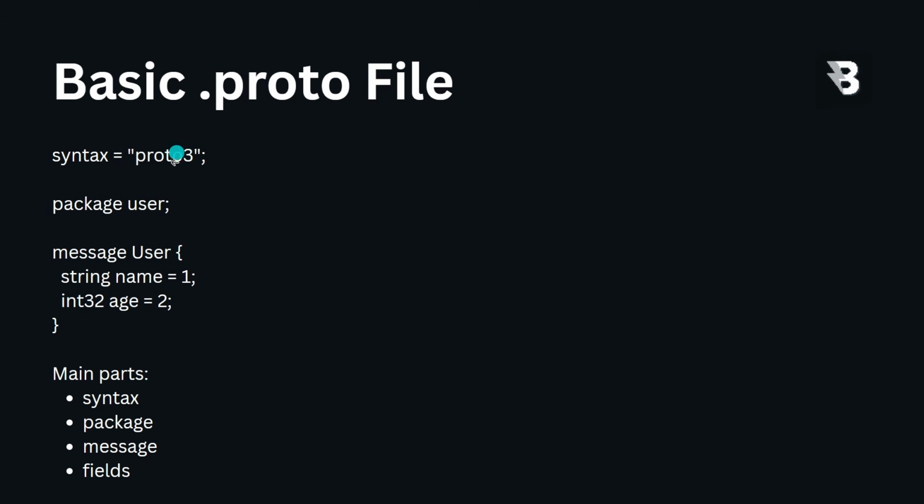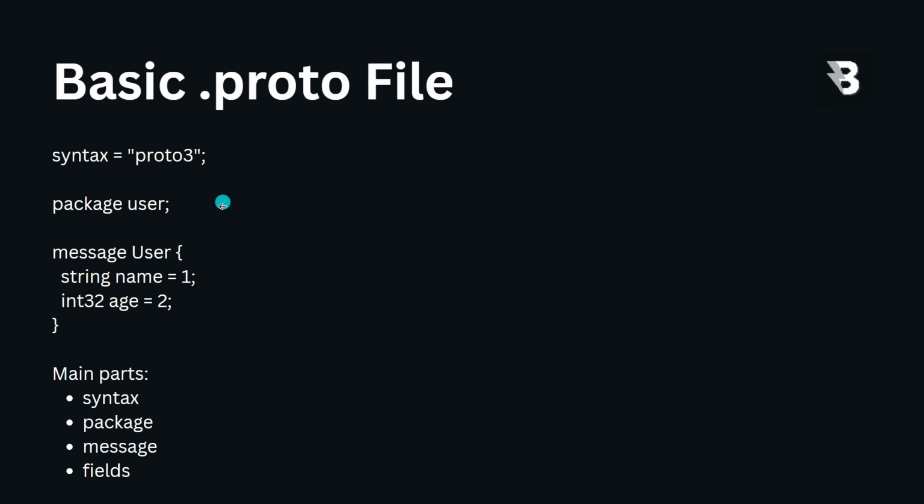After this, we define the structure of the data, which is known as a message, and we give that data a name, for example, User. Inside of that, we define the fields. For example, here, string name = 1, int32 age = 2. So it goes 1, 2, 3, 4, 5, like so. The main parts of this .proto file are the syntax, the package, the message, and the fields within a message.